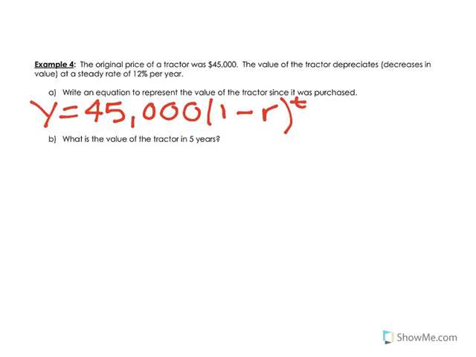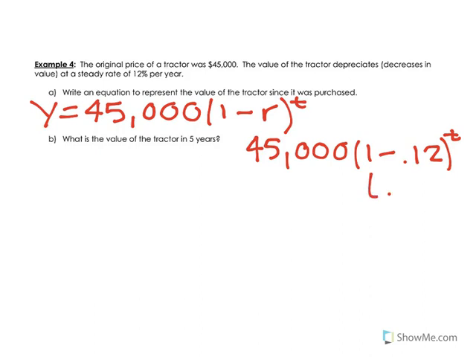So because we know that our rate is 12% per year, we have 45,000, 1 minus 0.12. And we don't know how much time we're using yet. That is our formula. Now if you do in your calculator 1 minus 0.12, you'll get 0.88.